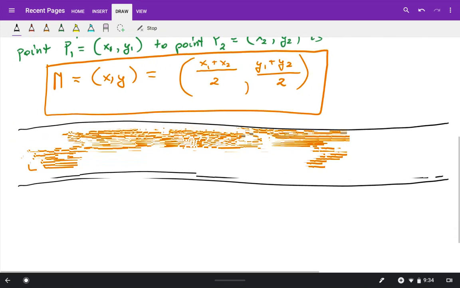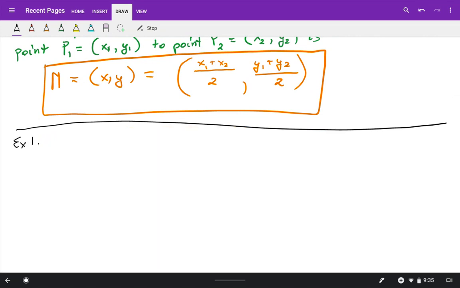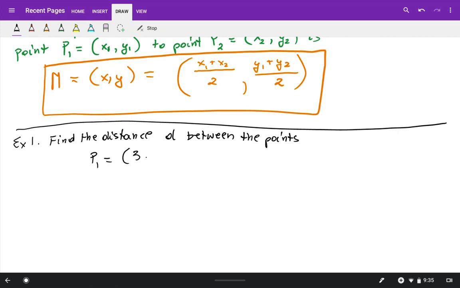So let me start with example 1. We need to find the distance d between the points: P1 has coordinates 3, comma, -4, so that's the first point.